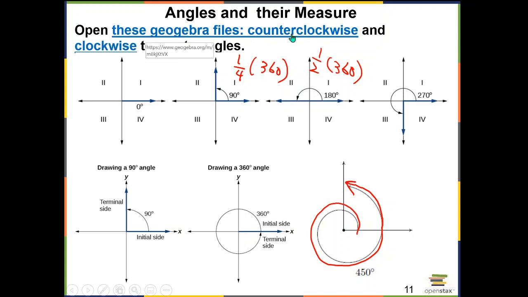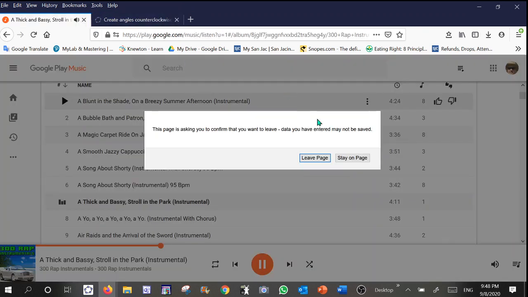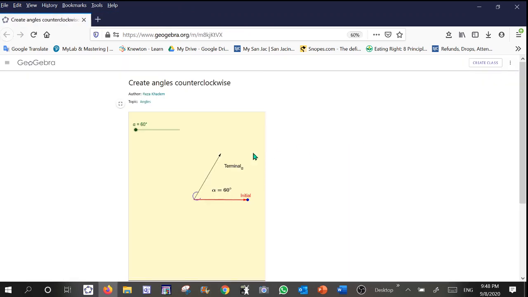Now here in the notes, if you click over here, you can open up a page. See right here, I can make an angle. Here you go.